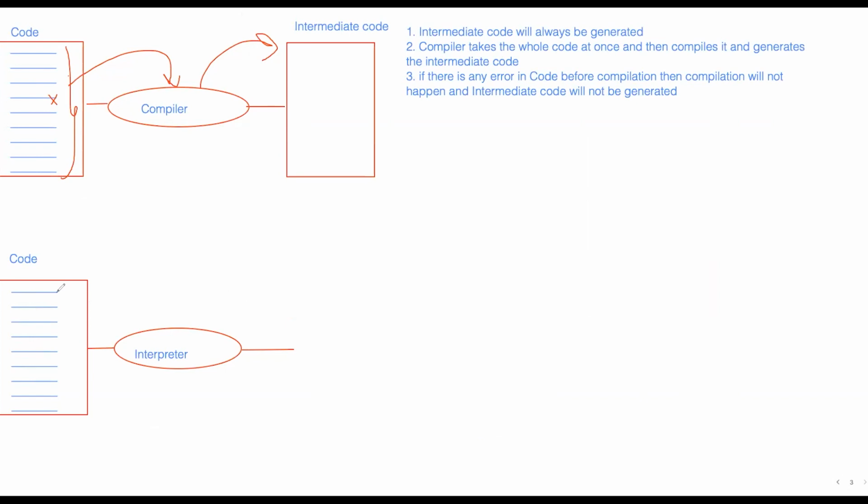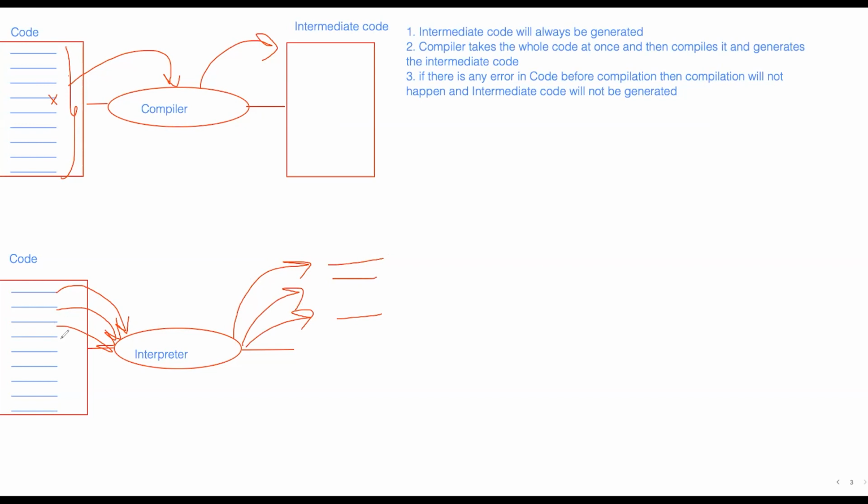Point number 2, it will take one line of code or one instruction at a time and give you the output. Then it will take the second instruction, execute it, and give you the output. Third instruction, execute it, and give you the output, and so on. So intermediate code will never be generated in the case of an interpreter because it directly executes each instruction and gives you the output.